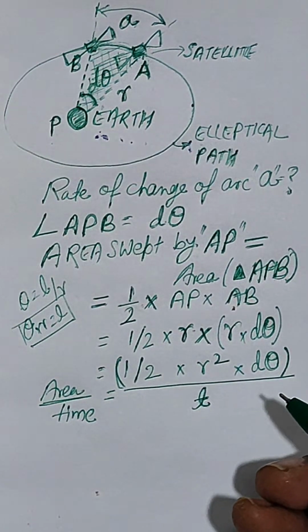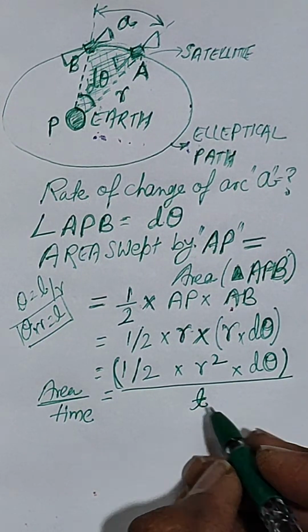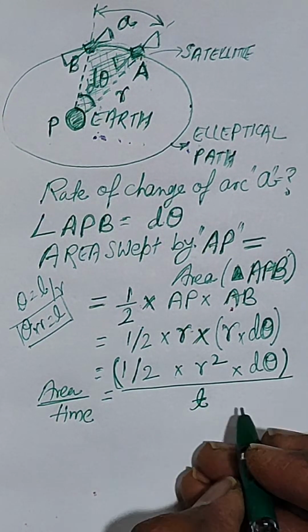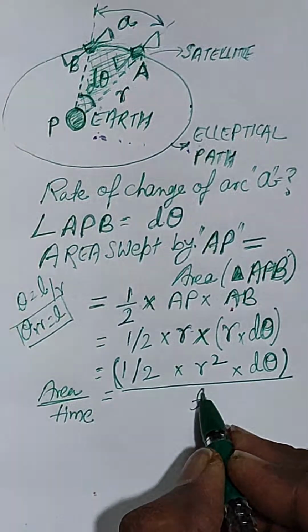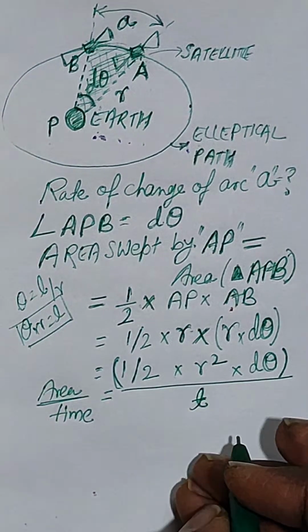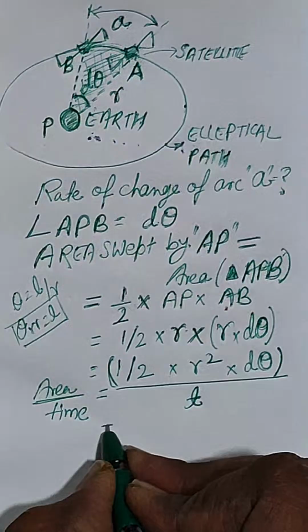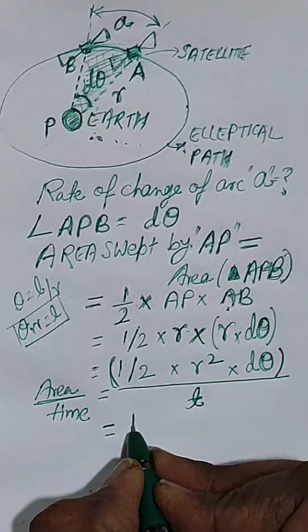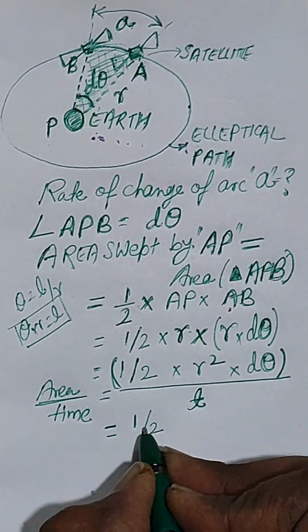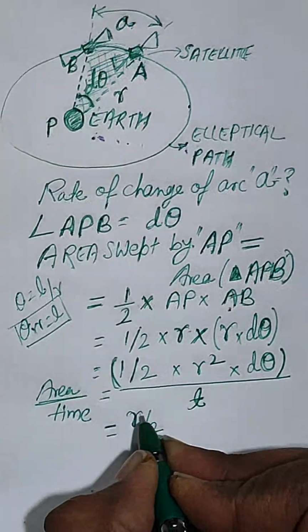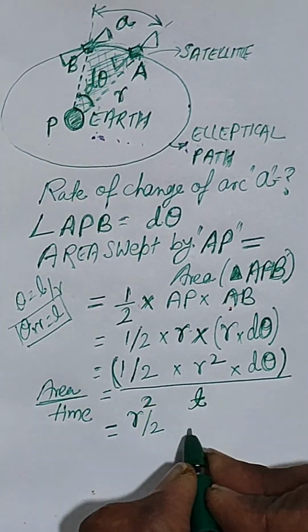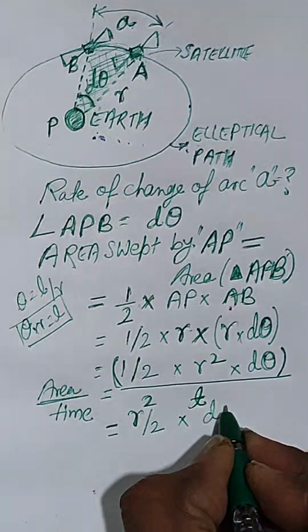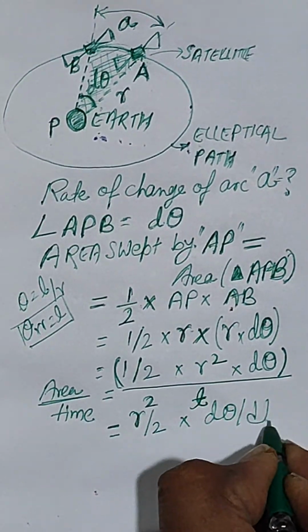Now what will happen, we know that half r square by t. Keep half r square, or r square by 2, as one term, and write d theta by dt together.